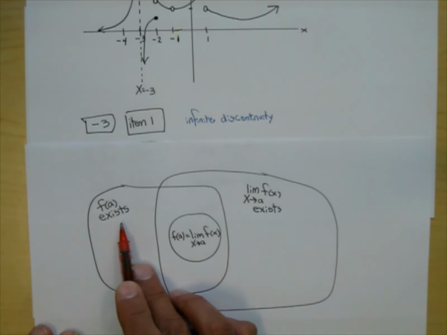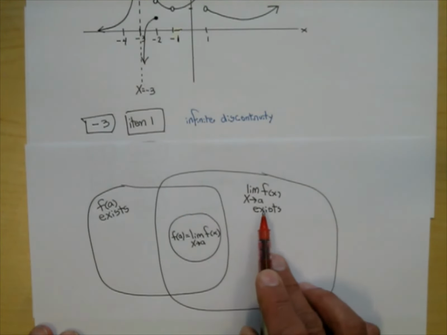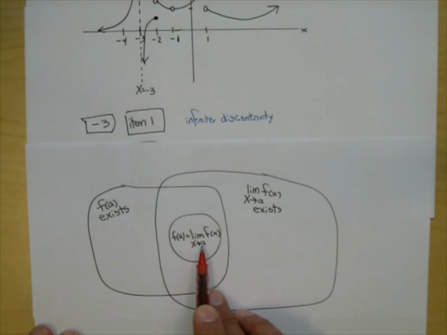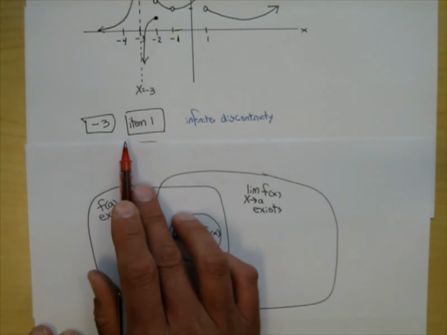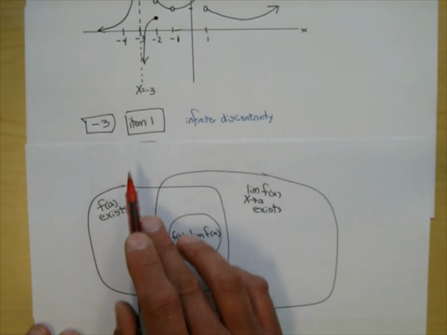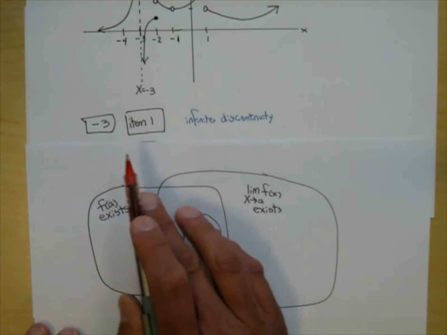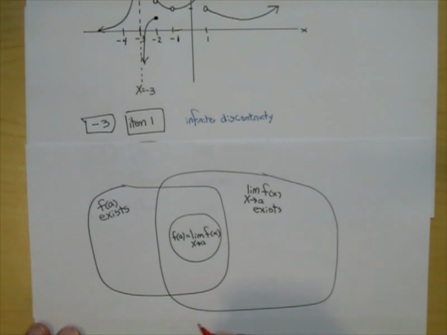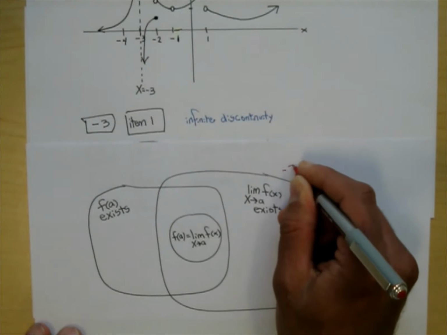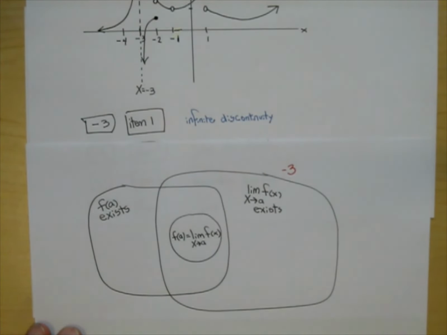It says f of a exists, the limit at a exists, and then the limit equals f of a. So for the first one, the limit didn't exist and f of a didn't exist. So this negative 3 is a discontinuity. It's right here. You don't really need to copy down this Venn diagram, but it's outside those three circles actually.